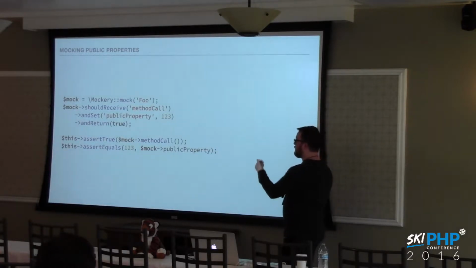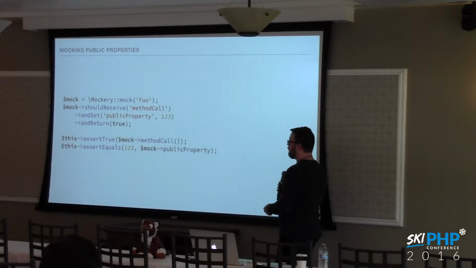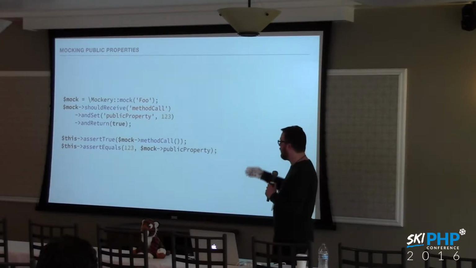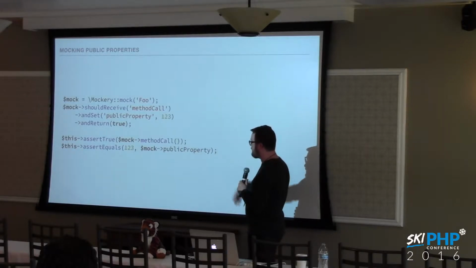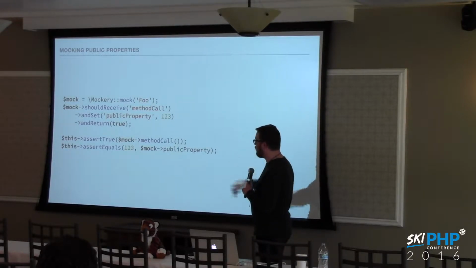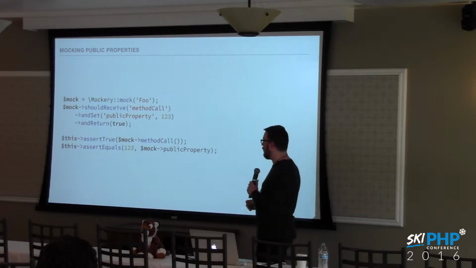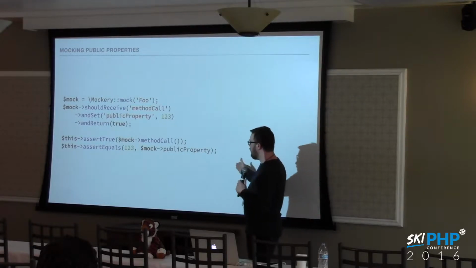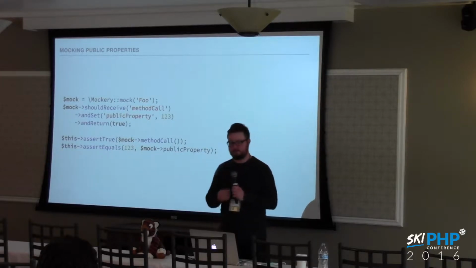So in this case, we're saying that this should receive a call to method call, and when it does, we'll set a property on it with the value 1, 2, 3, and then the method call will return true. We can test that by asserting true on method call, so we call it, and then assert that the public property equals 1, 2, 3, and it does.